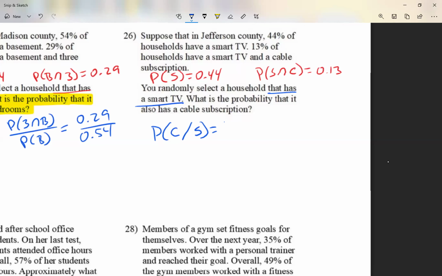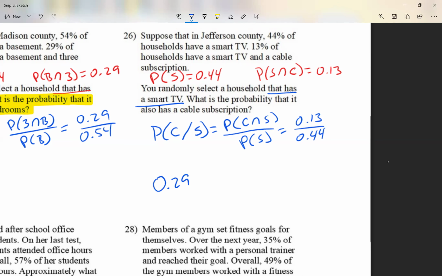So for this, I have to go probability of cable and smart TV divided by probability of smart TV. So I have 0.13 divided by 0.44. Remember, smart and cable is the same thing as cable and smart. According to my calculator, this is 0.295.